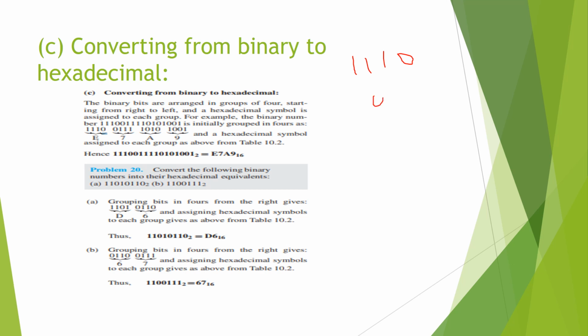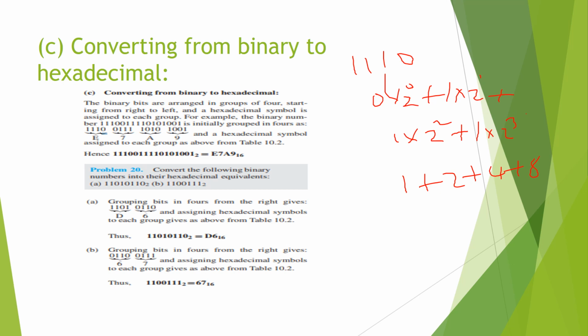So this one is 0 times 2 raised to power 0, plus 1 times 2 raised to power 1, plus 1 times 2 raised to power 2, plus 1 times 2 raised to power 3. So 0 times 2 is 0, then plus 2, plus 4, then plus 8.